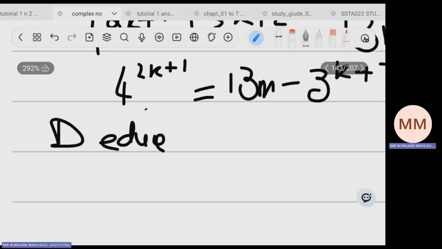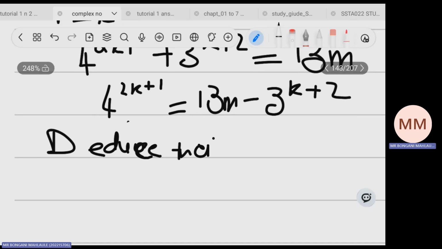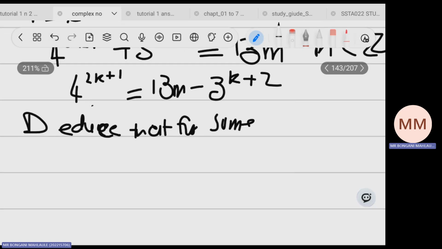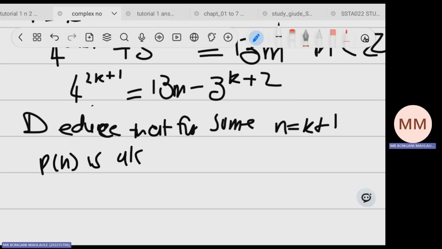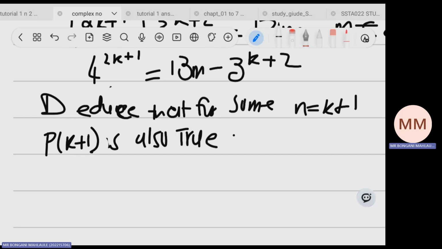So we must deduce that for some value of n equal to k plus 1, P of n is also true. Your P of k plus 1 is also true.